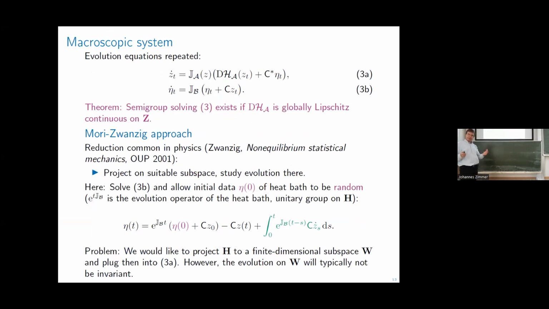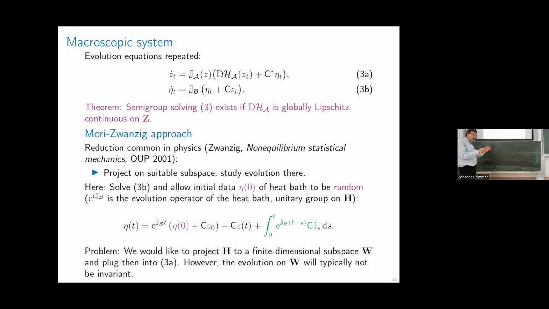So how would a physicist go about this? If I gave the system equation to a physicist, he or she would solve the second equation using Duhamel's principle and plug it into the first equation. So we write down the solution to the second equation with Duhamel's principle. That's this equation here.